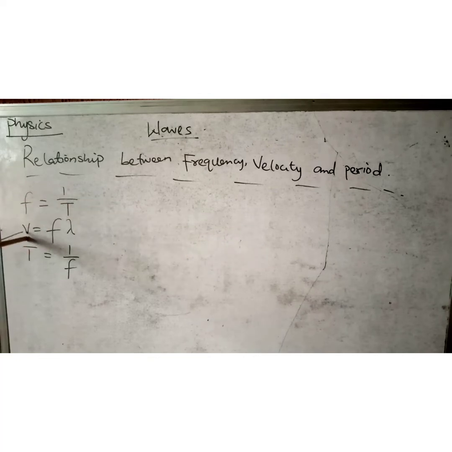Then velocity is equal to the product of frequency and wavelength. Or from here, you can say that frequency is equal to velocity over wavelength, and T, the period, is equal to 1 over frequency.